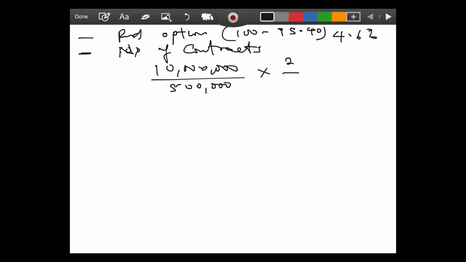times the loan tenor. Sorry, the loan tenor is 6 months. So times 6 over 3. This gives 40 contracts.